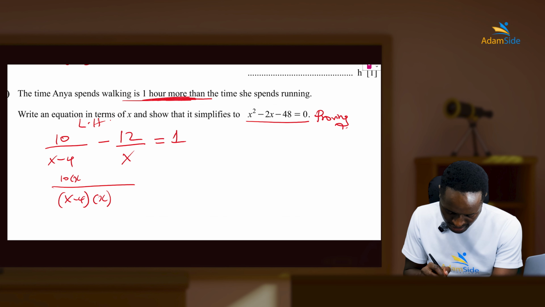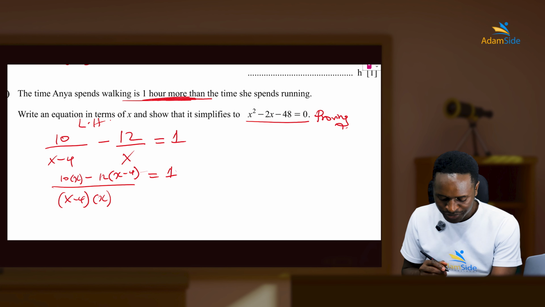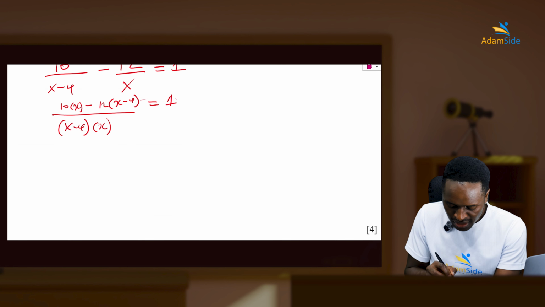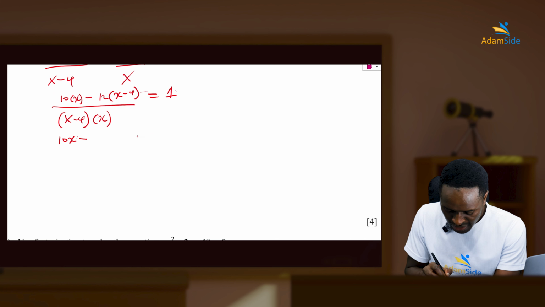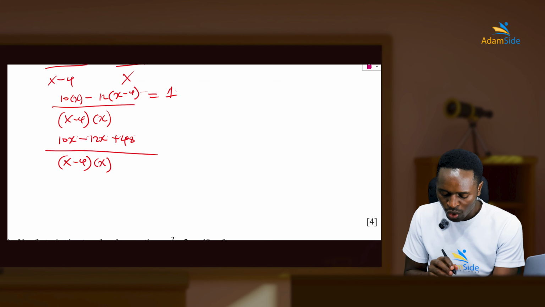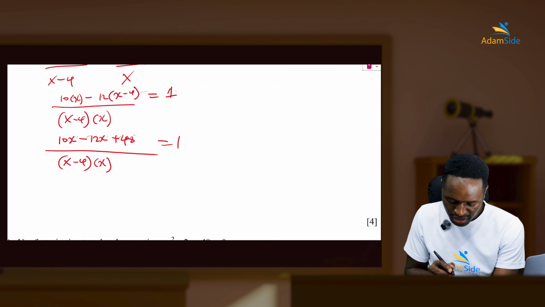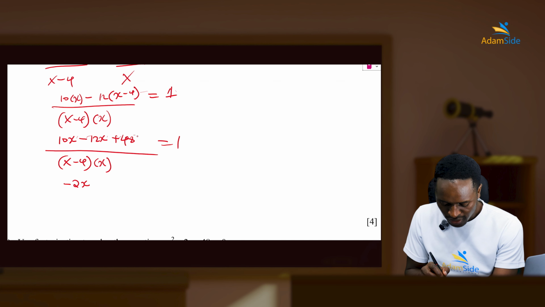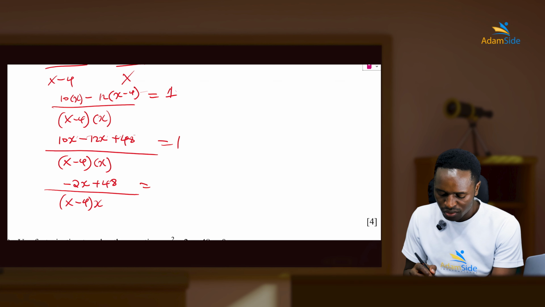So 10 times x minus 12 times x minus 4, over x minus 4 times x, should be equal to 1. So 10x minus 12x plus 48 over x minus 4 times x. Collect like terms on the numerator: 10x minus 12x gives minus 2x, plus 48, over x minus 4 times x, equal to 1.